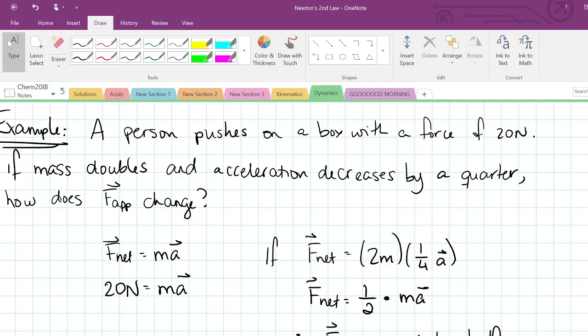If I double my mass and I quarter my acceleration, that means that force net is equal to 1/2 times mass times acceleration. So my force net would be half as large as it was originally. So it would be 10 newtons.